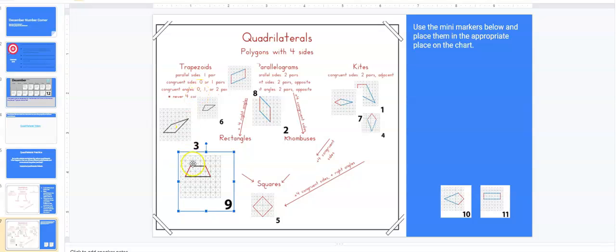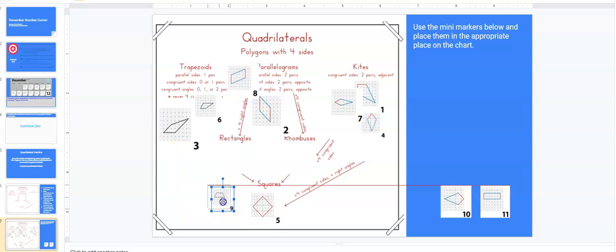It has one set of congruent sides, and trapezoids can have congruent angles here. So 2 pairs, and that's okay. It does not have 4 angles that are congruent. So this is a trapezoid, and this is the common trapezoid that we see.